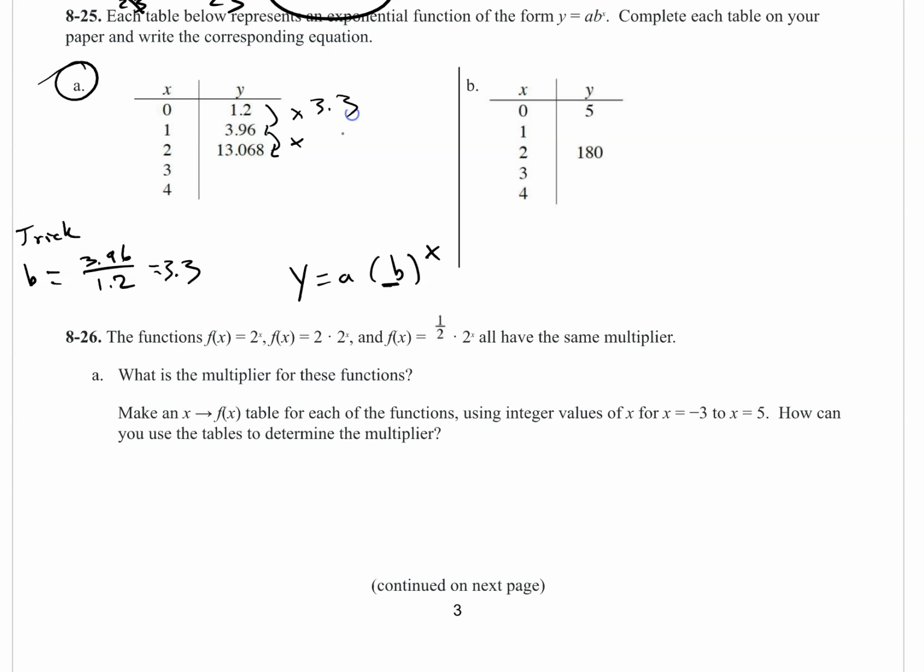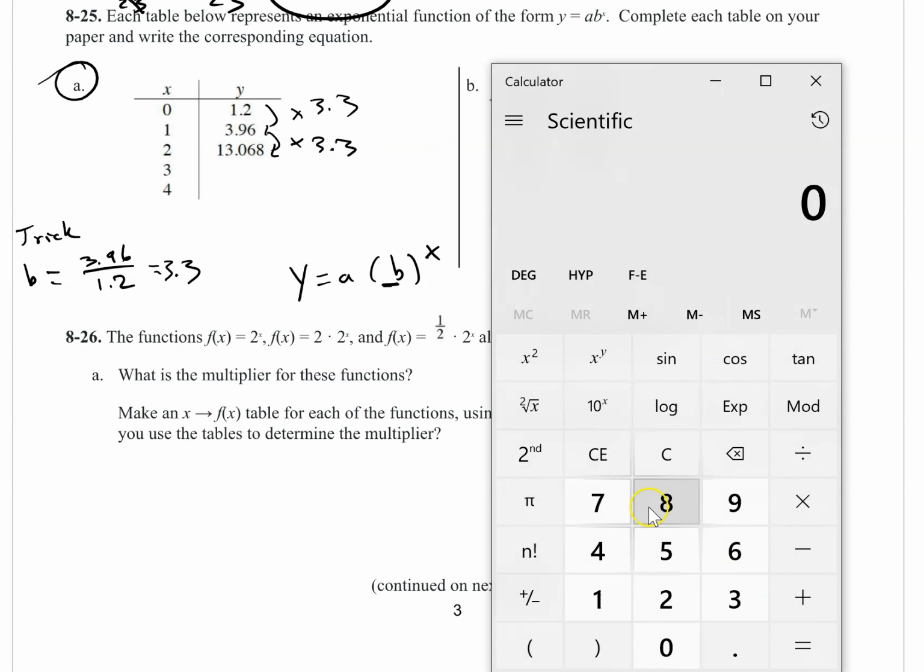Alright, so our multiplier is 3.3, and let's confirm that. If we take 1.2 and multiply it by 3.3, we get 3.96. And then if we take 3.96 and multiply it by 3.3 again, we get 13.068.